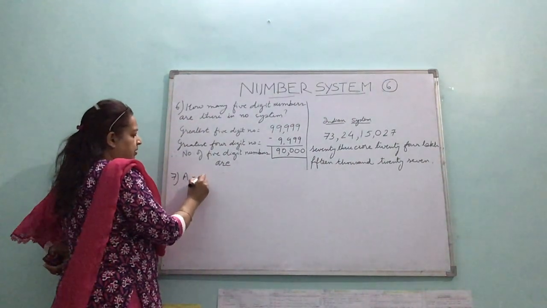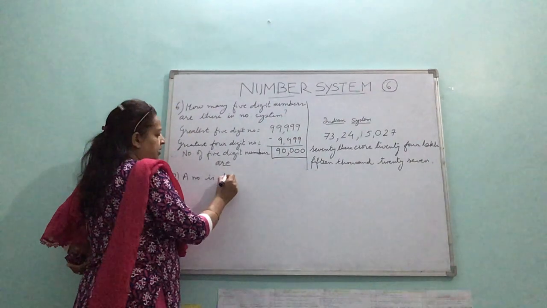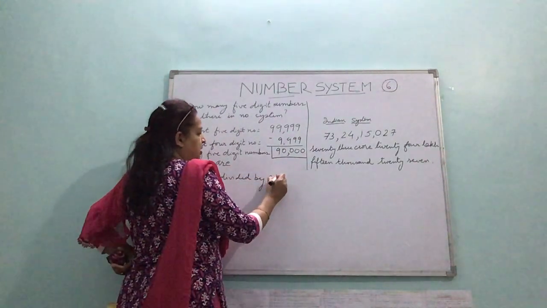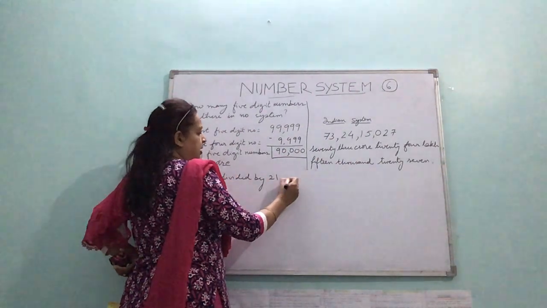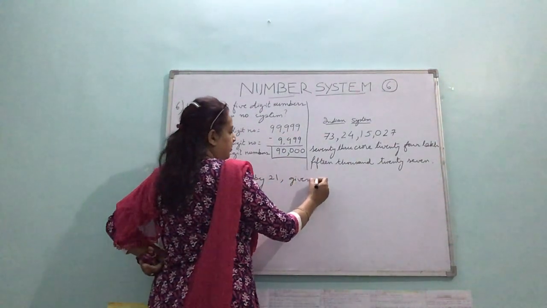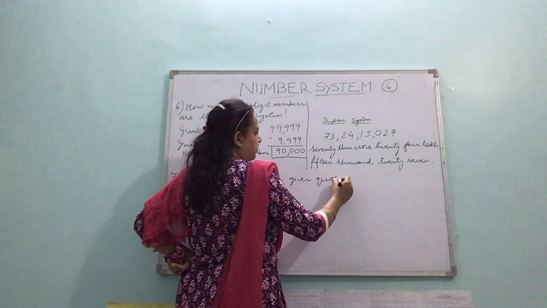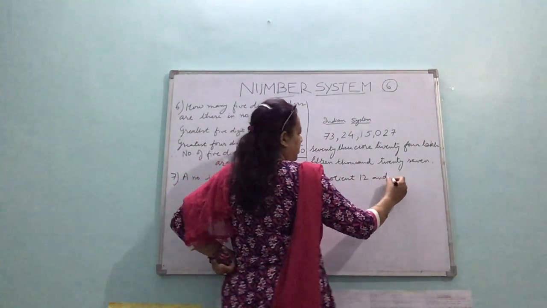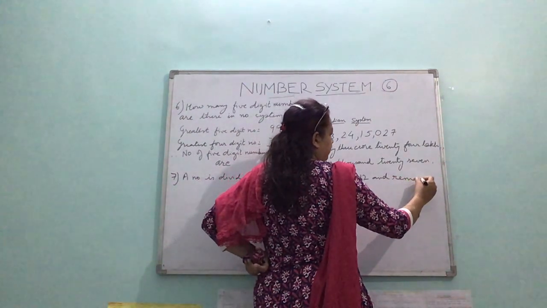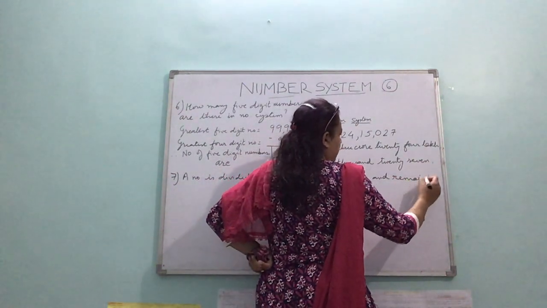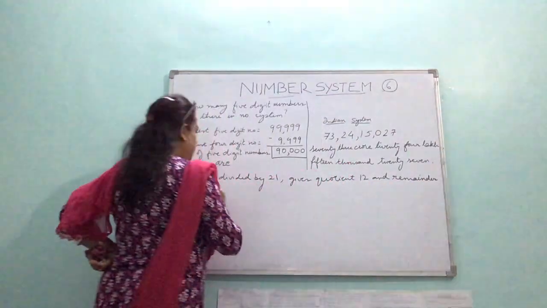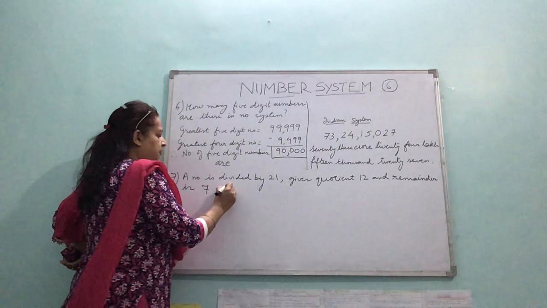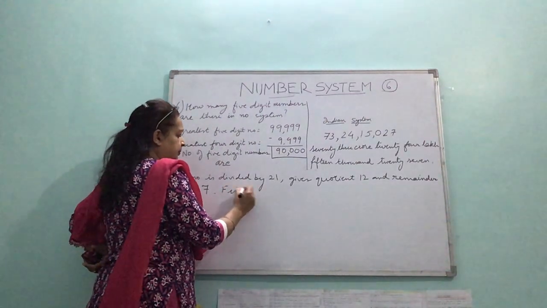A number is divided by 21 gives quotient 12 and remainder is 7.